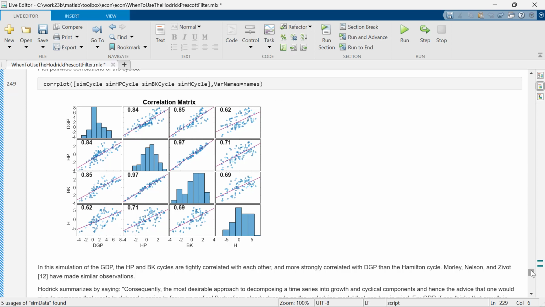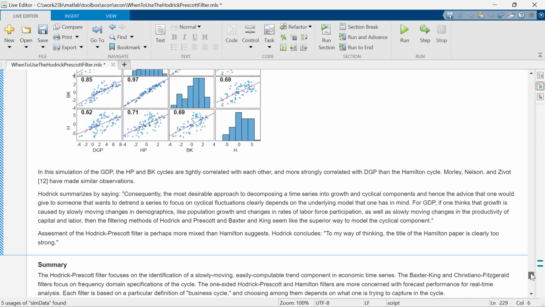So Hodrick's point in his paper here is that, well, I'll read his summary here. He says, consequently, the most desirable approach to decomposing a time series into growth and cyclical components, and hence the advice that one would give to someone that wants to detrend a series to focus on cyclical fluctuations, clearly depends on the underlying model that one has in mind.